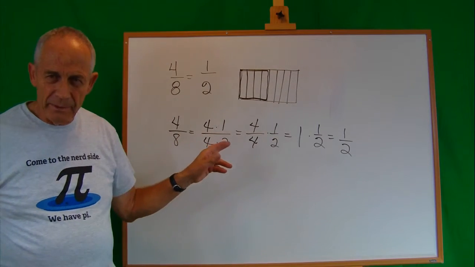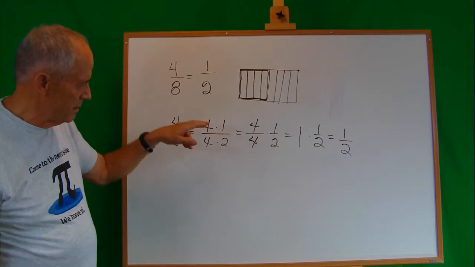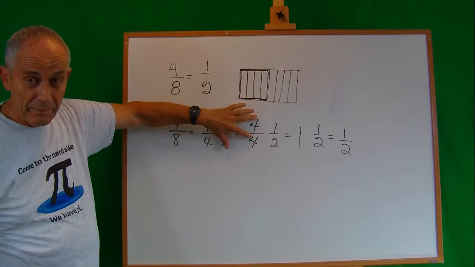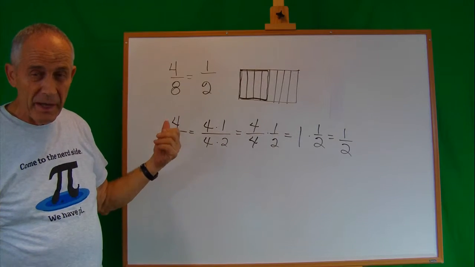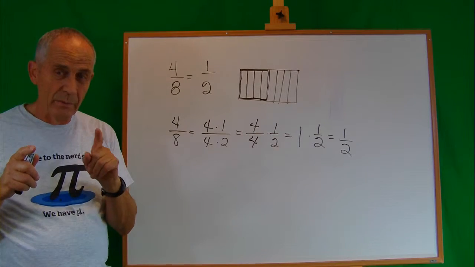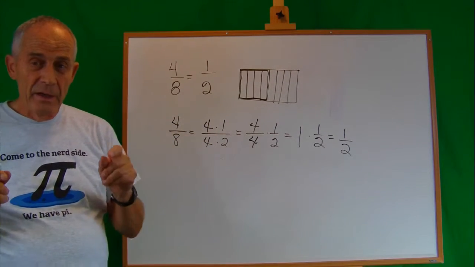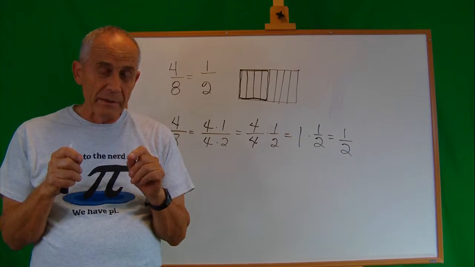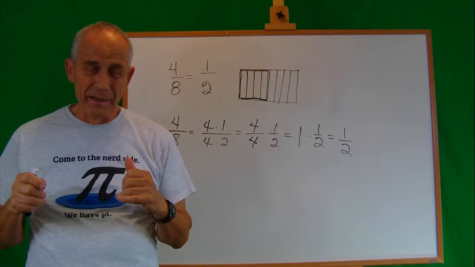When it boils down to it, the thing that made this work for us, where we ended up with the 4 over the 4, was the fact that we had a 4 in the numerator and denominator. Now, let me say it the way the words say. We're multiplying 4 times 1 and 4 times 2. So 4 is a factor of both the numerator and the denominator.